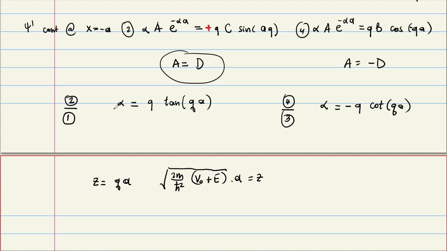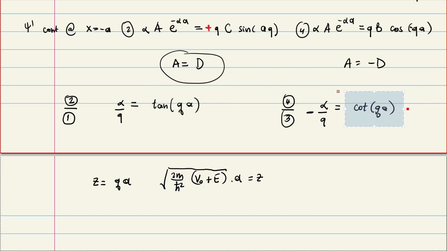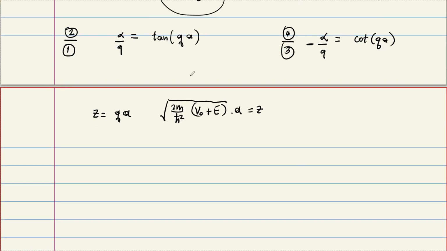And from here let's put this q here, and I want to put a minus sign here, this is cancelled. Now I need to find an expression for this alpha over q.